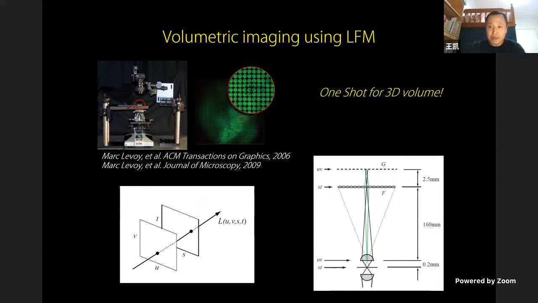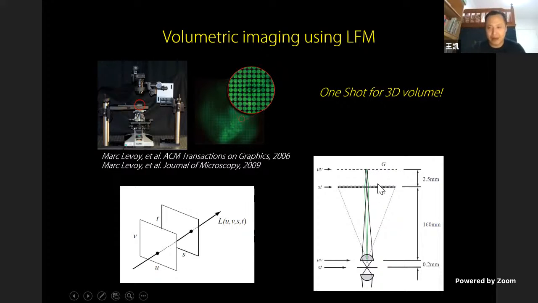Implementation of the conventional light field is very simple, as shown in this picture. I hope you can see my mouse. You just insert a microlens array at the imaging plane of a conventional wide field microscope and move the camera sensor back to the focal plane of this microlens array.